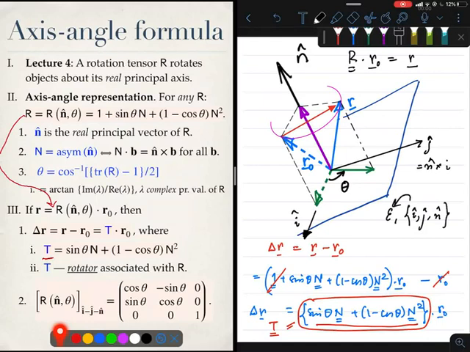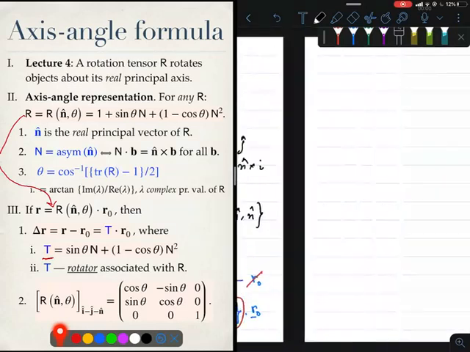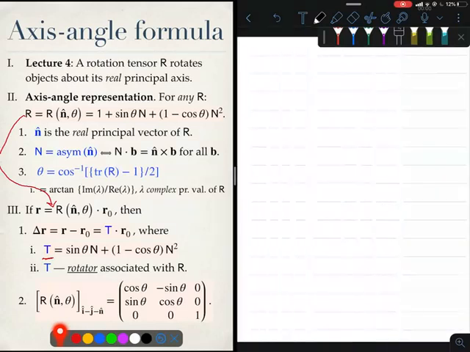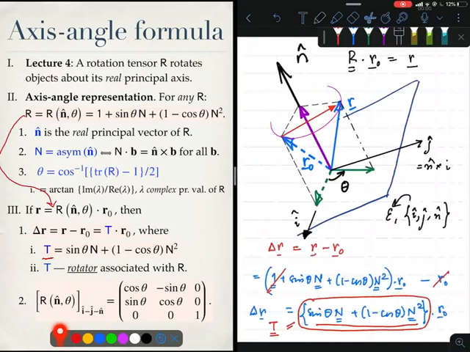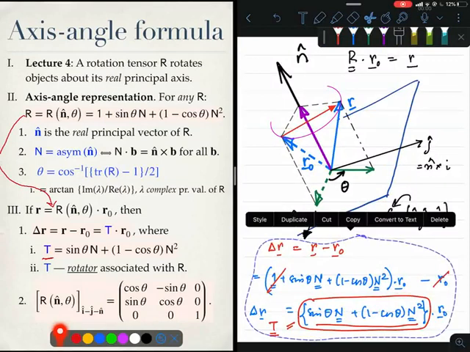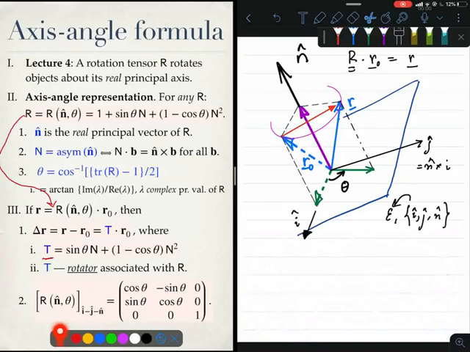So the question then is, let me create space and ask the question right here. Let me get rid of all this calculation over there, just delete it, I don't need it. So the question is, what is the tensor R in this coordinate system I, J, N?